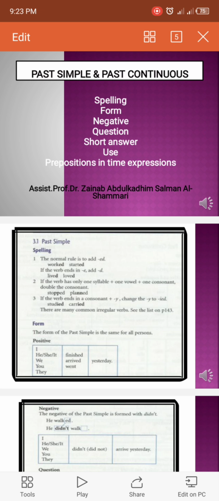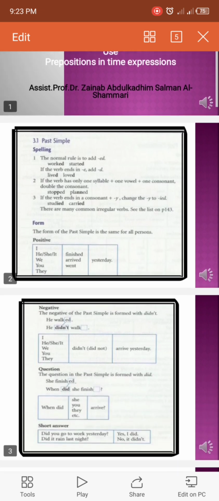For example, loved. Number 3. If the verb has only one syllable, plus one vowel, plus one consonant, double the consonant. For example, stopped, planned.